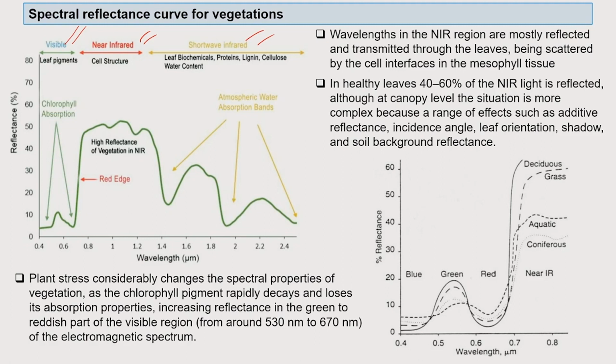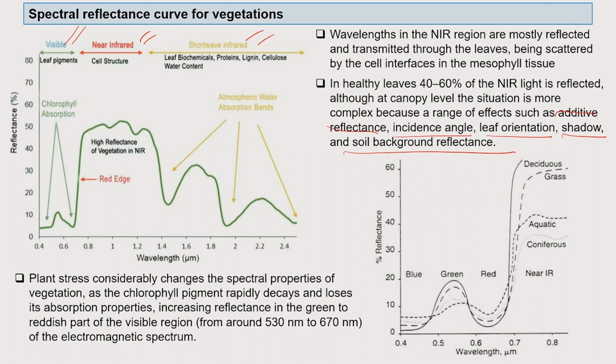As I said, in healthy leaves, 40 to 60% of the NIR light is reflected. But at the canopy level the situation is more complex because of a range of effects such as additive reflectance, incidence angle, leaf orientation, shadow, and soil background reflectance.